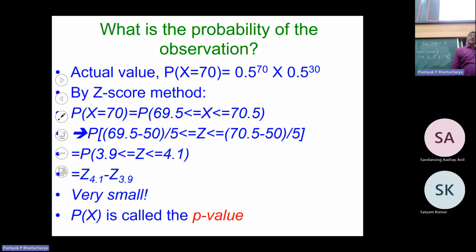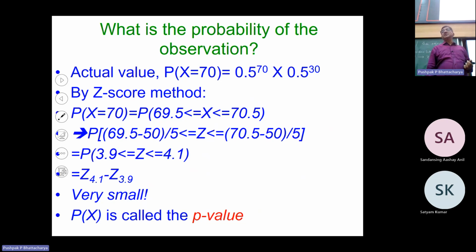So let's find out the probability of this observation by the Z-score method. Now observe this technique which is used in probability very frequently. We know that for a continuous distribution, the probability of any point is equal to 0. Okay, so that will not serve our purpose.